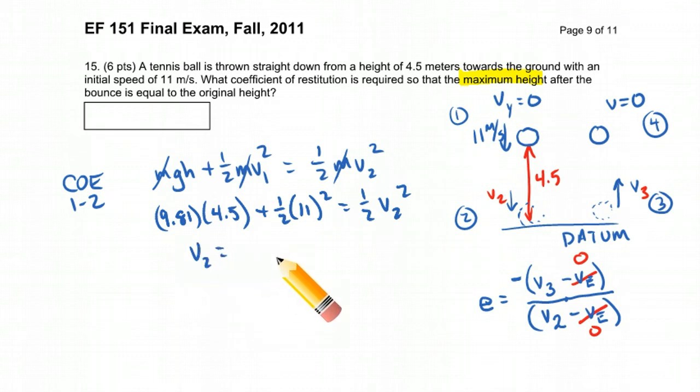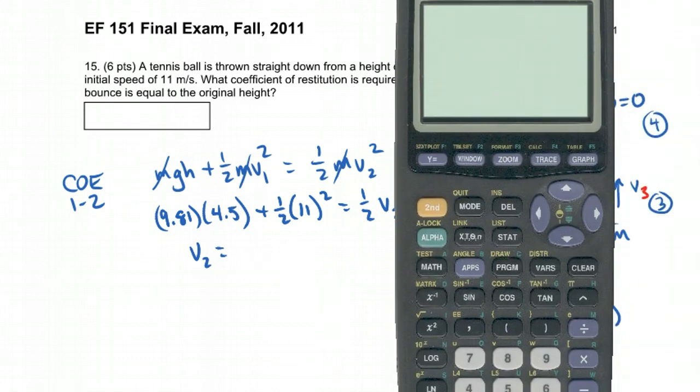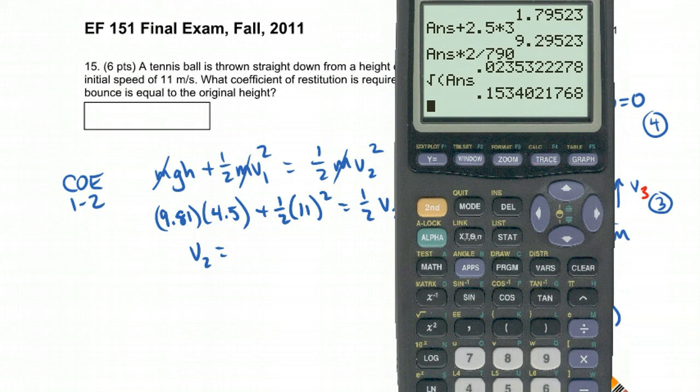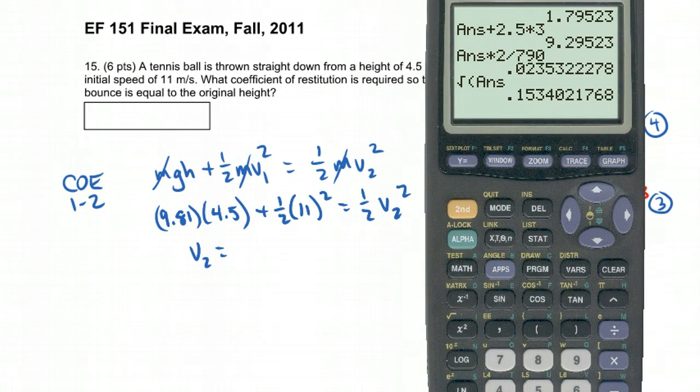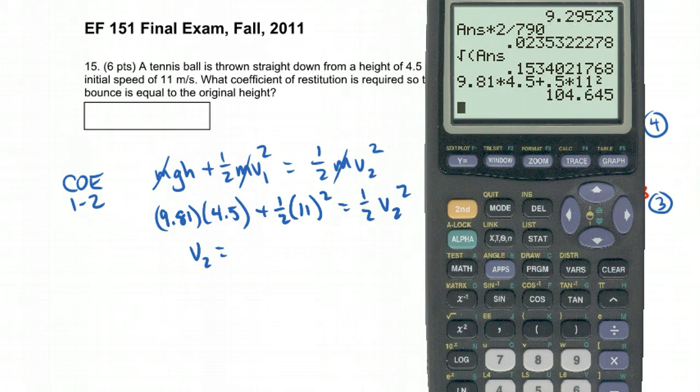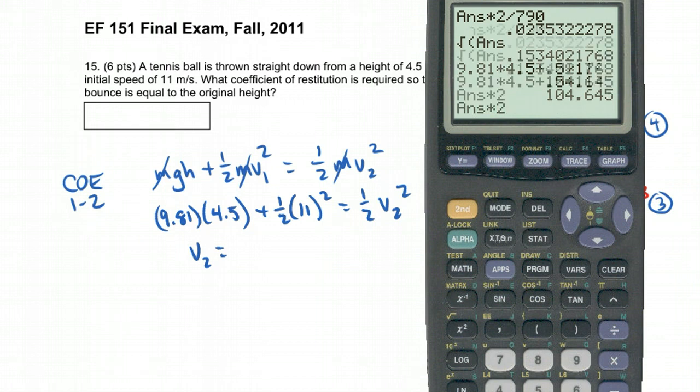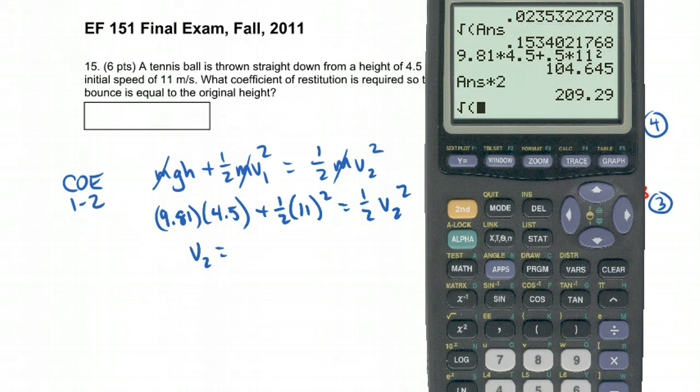So v2 is equal to the square root of 9.81 times 4.5 plus 0.5 times 11 squared, all times 2.